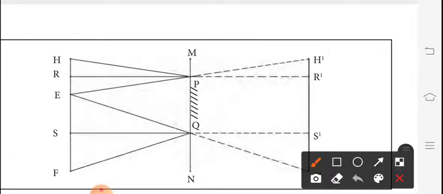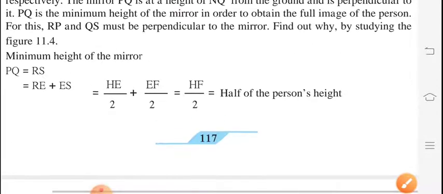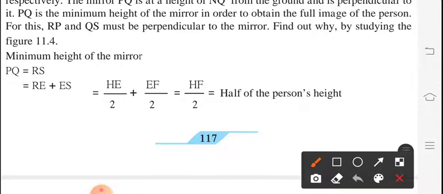See here, this QN, which is the height of the mirror from the ground, and this PR, which is the distance of person and mirror, are equal. So we can take PQ equals RS.